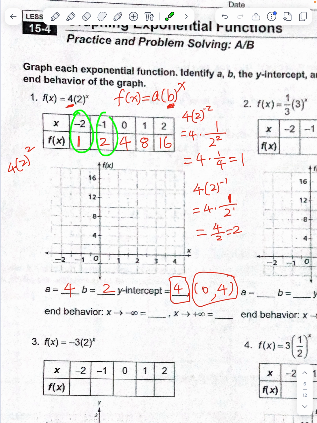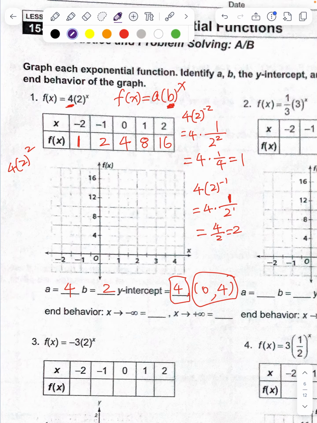1, 2, 3, 4, 5 ordered pairs. So that means it's 5 points on the graph. X coordinate, y coordinate. Right? Let's take another look. From the first value, you multiply by 2, you multiply by 2, you multiply by 2.